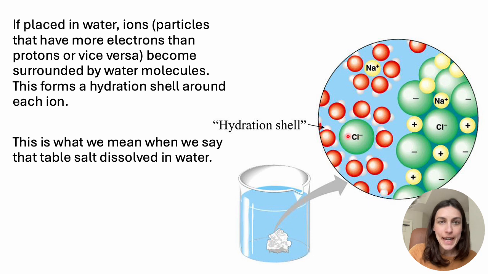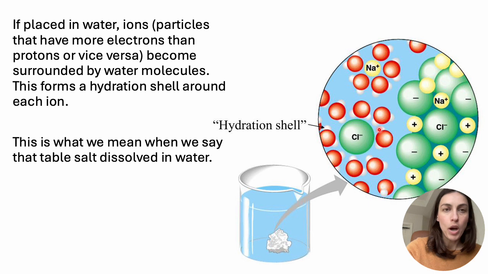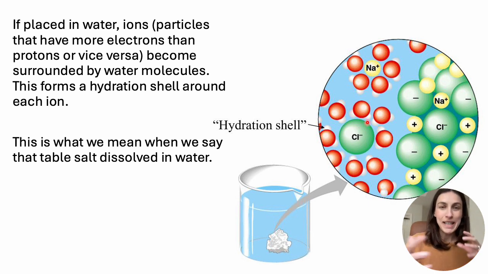In the case of a negative ion, like chloride, which has one more electron than protons, the positive sides of the water, the hydrogen sides of the water, are surrounding. They're like magnetically attracted to the negative chloride. And the positively charged sodium ion is surrounded by the negative sides of each water molecule.